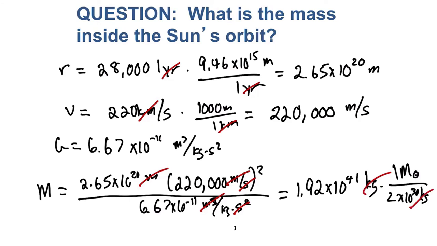If we divide this by 2 times 10 to the 30, we get a number that is 9.6 times 10 to the 10 solar masses, which is pretty darn close to 10 to the 11 solar masses. That's 100 billion solar masses. And we think that most stars are less massive than the sun. So that's hundreds of billions of stars just within our orbit of the Milky Way galaxy.